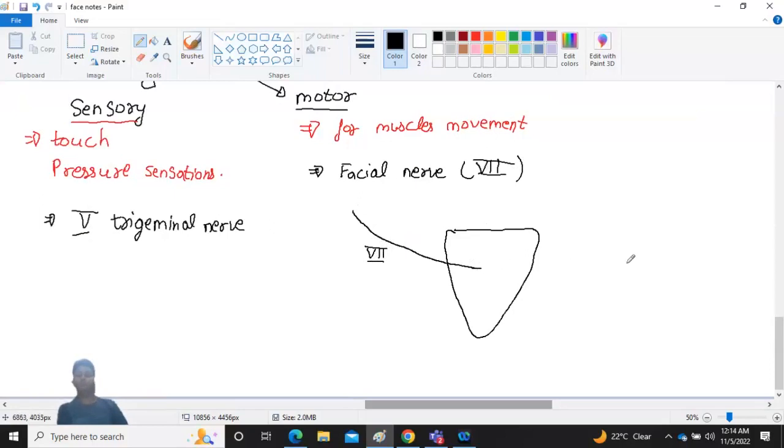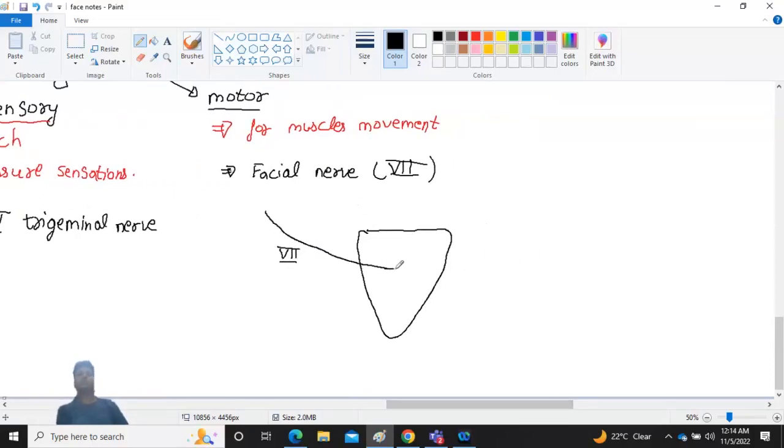For above, basically this is the temporal branch, the temporal nerve. There are the 5 branches.